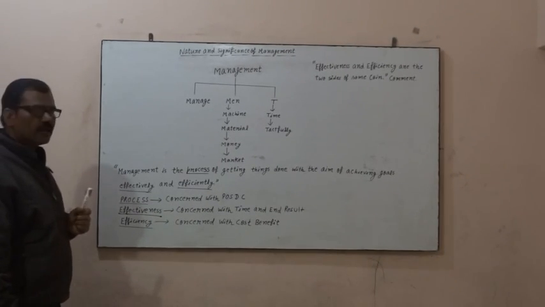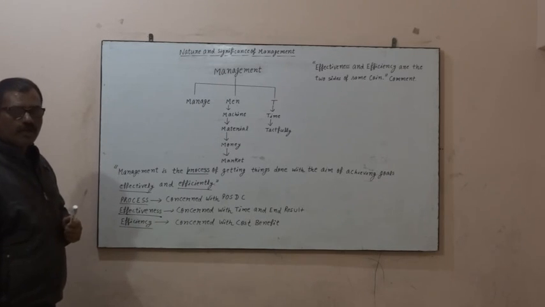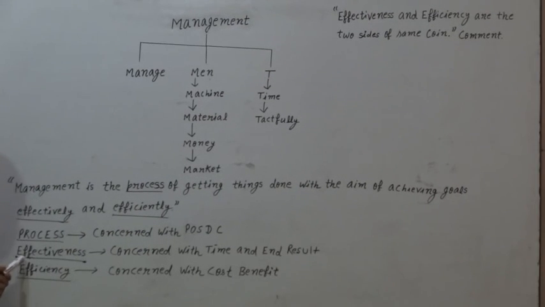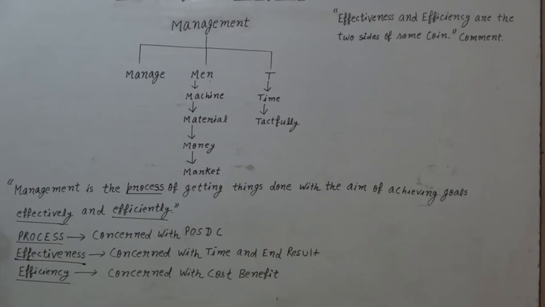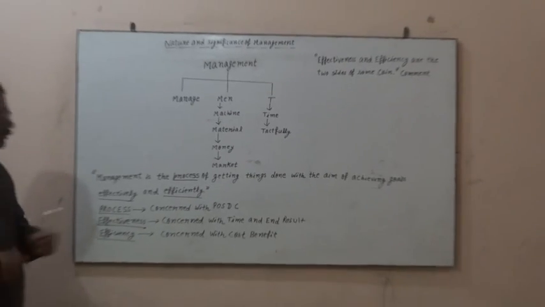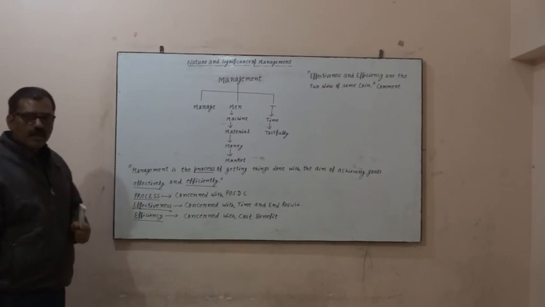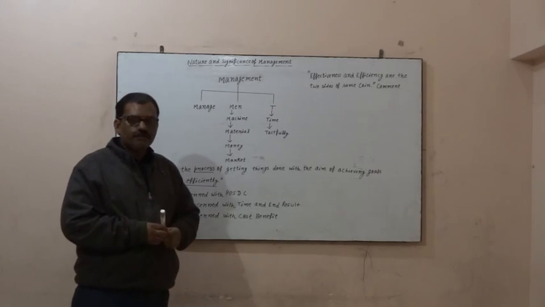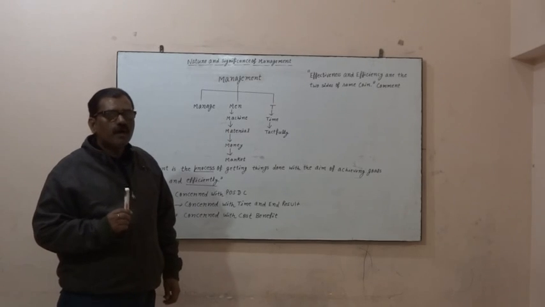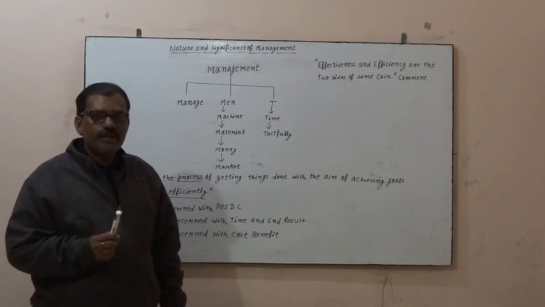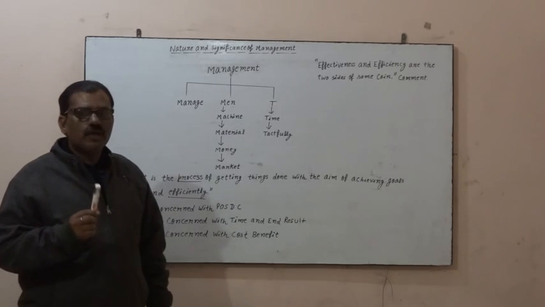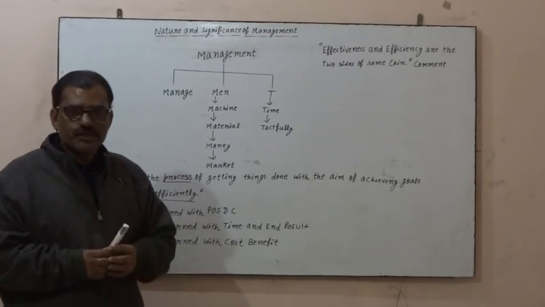In this definition, three terms are very important. Number one is process, number two effectiveness, number three efficiency. Now we will try to understand the meaning of process. We can say that management is a process because a manager has to perform various activities or various functions of management to achieve the objective of the organization.